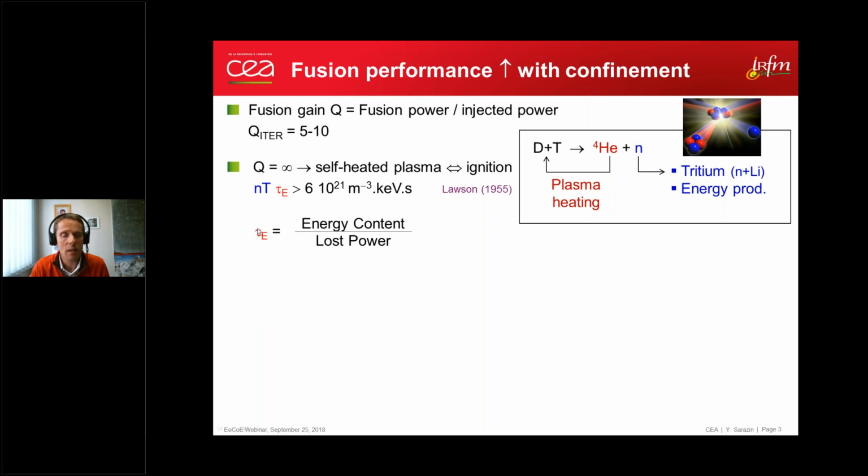And here, the energy confinement time is the energy contained divided by the lost power.